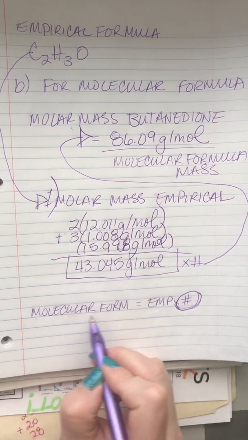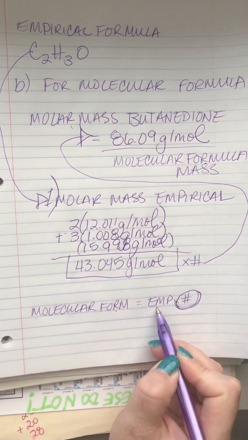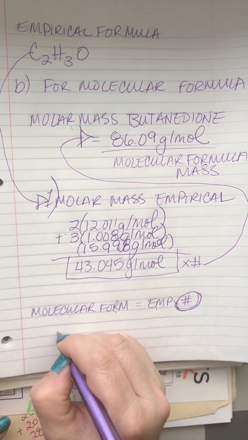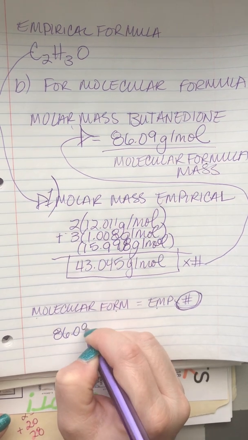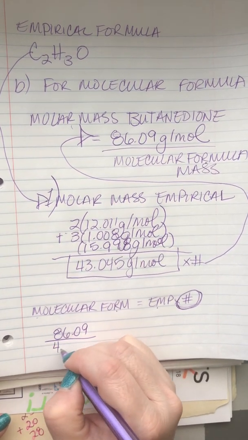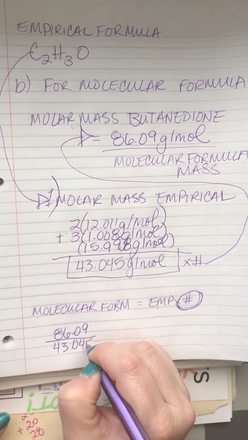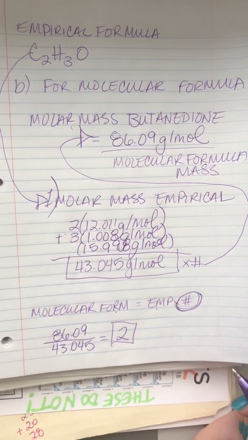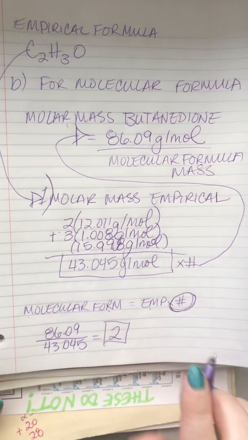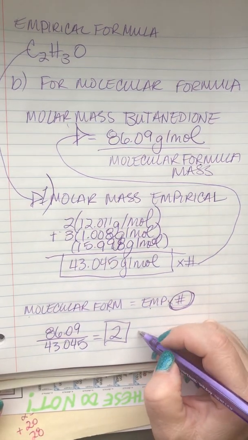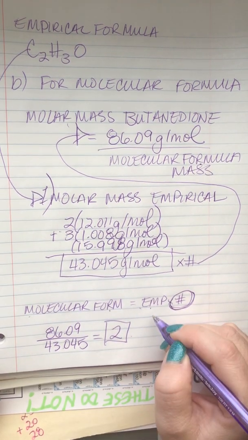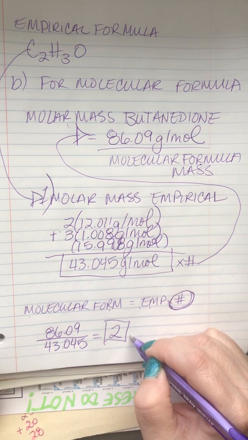So we're going to take the molecular formula mass and divide it by the empirical formula mass. So we'd have 86.09 divided by 43.045, and indeed we see that that gives us 2, right? So what this means is that our molecular formula is just the empirical formula multiplied by 2.